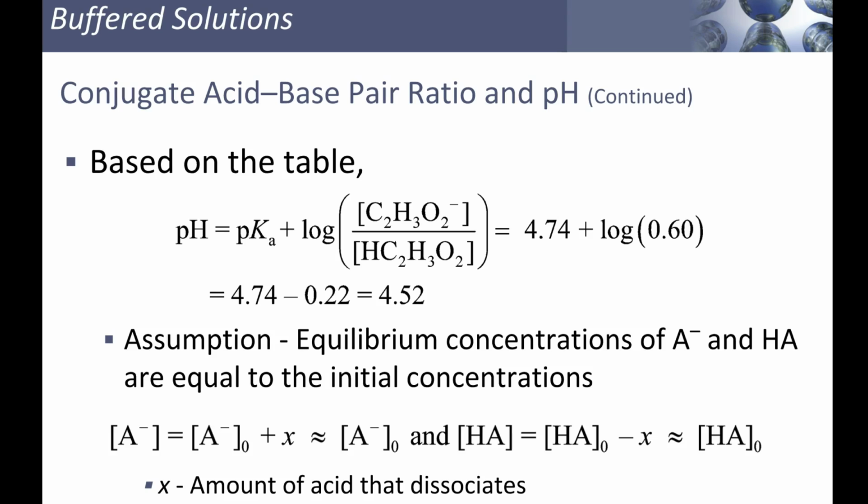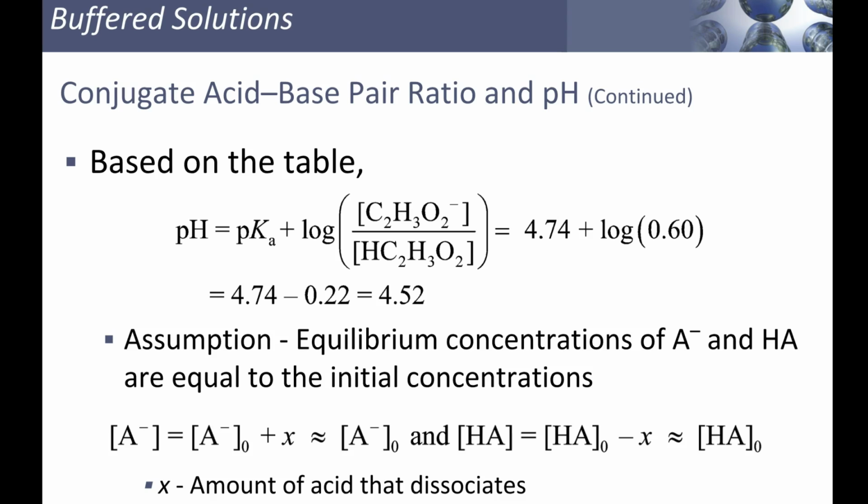So, based on the table, if you have the acetate and acetic acid buffering system, and you have your pKa at 4.74 because you know your Ka for acetic acid, and you find the concentrations, you're given the ratio, and you see that the pH becomes 4.52.